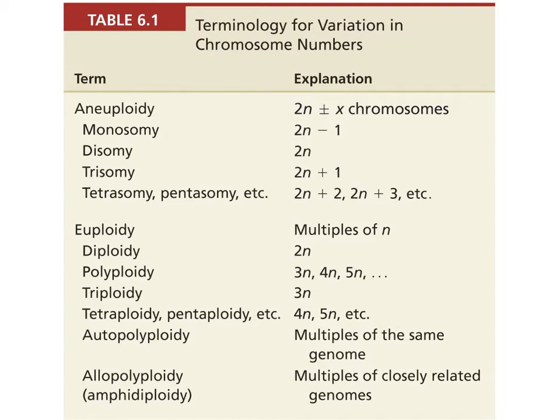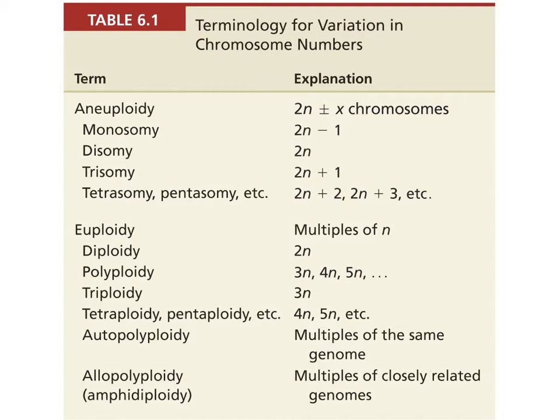Instances of monosomy would be illustrated by individuals that have 2 times n, 2 times 23 is 46, minus 1, they'd have 45 chromosomes. Okay. These others, tetrasomy, pentasomy, are far less common, but you can see how this is written. In euploidy, again, these are multiples of n, being the haploid chromosome number or set, a chromosomal set.